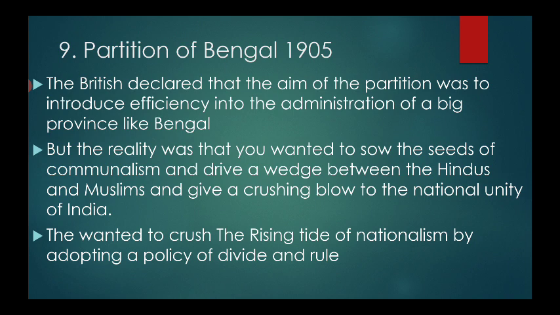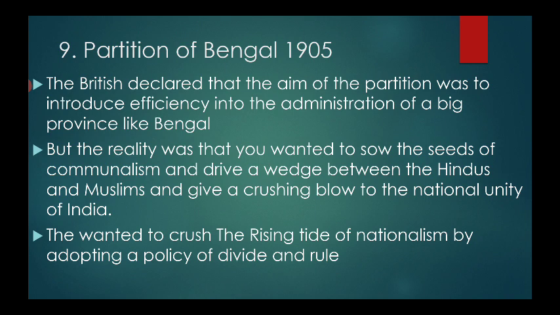They wanted to stop the rising tide of nationalism by adopting the policy of what? Divide and rule. So the partition hurt the national sentiments of the people and led to the spread of what? Hatred, not only in Bengal but also in other parts of India.